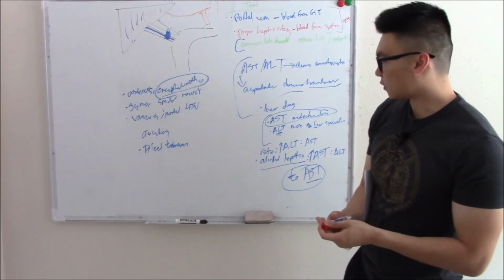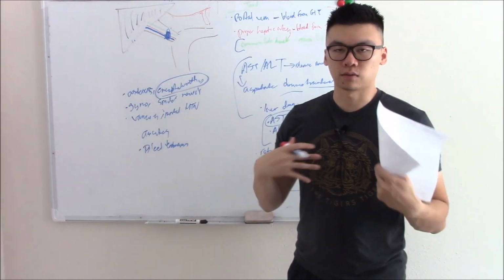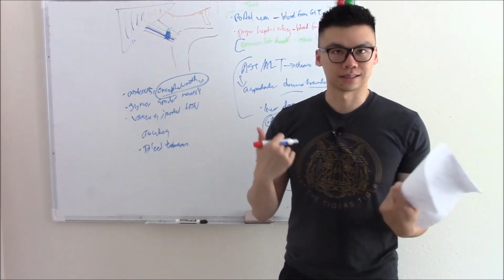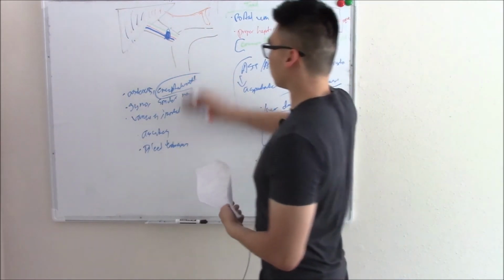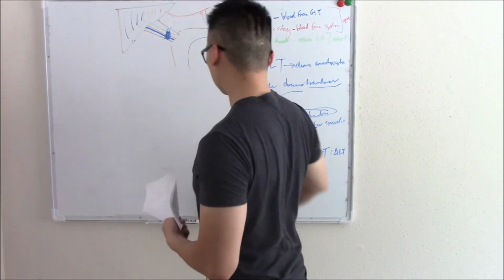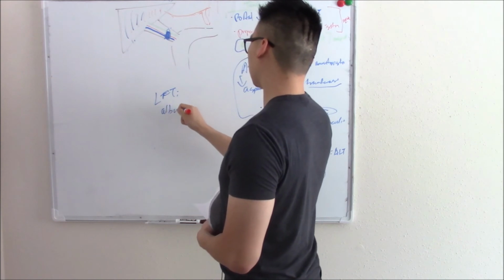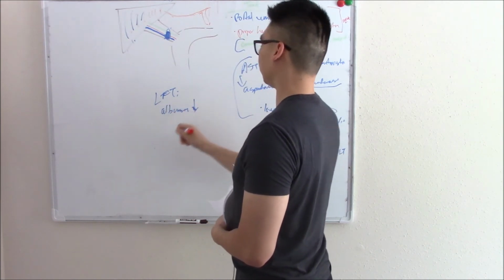If you want to order a liver function test, then you have to think to yourself, what does your liver do? Well, your liver makes things like clotting factors, makes things like albumin, so you can look at those. Actual liver function tests will include things like albumin. If your liver is damaged, then albumin will be low. It won't be able to make that.